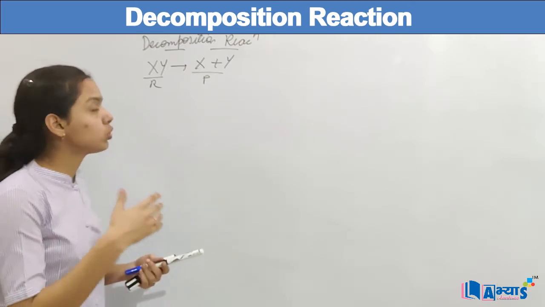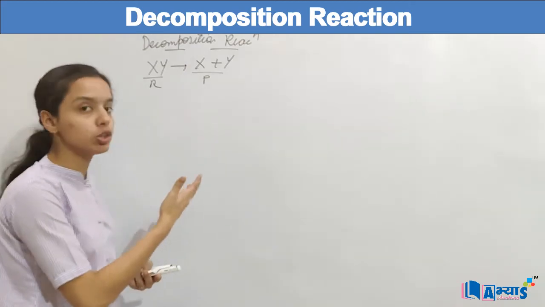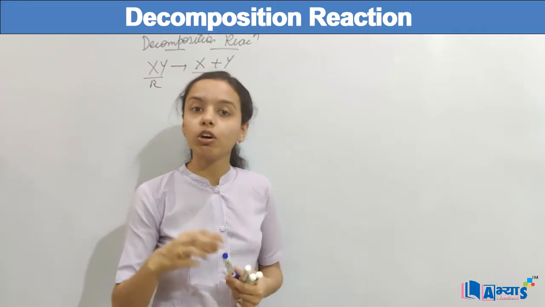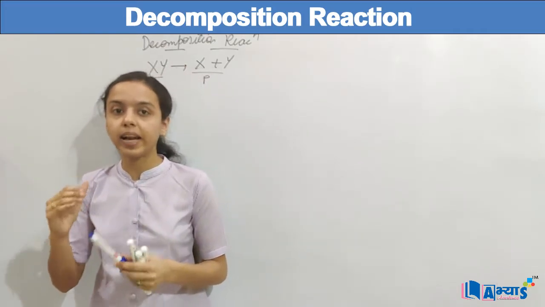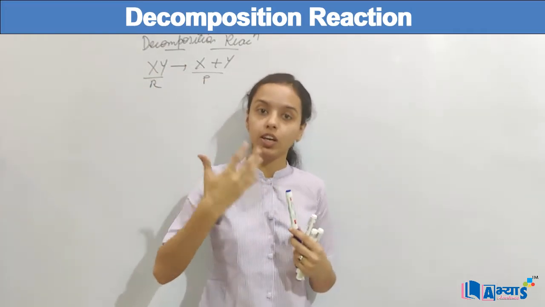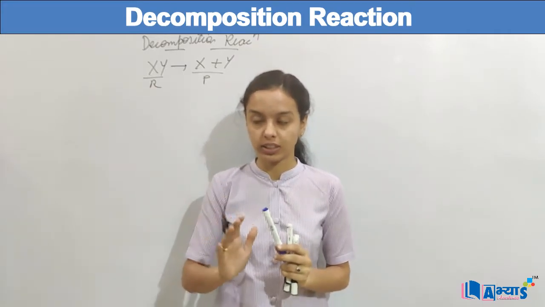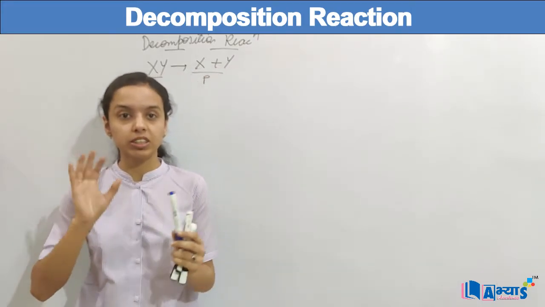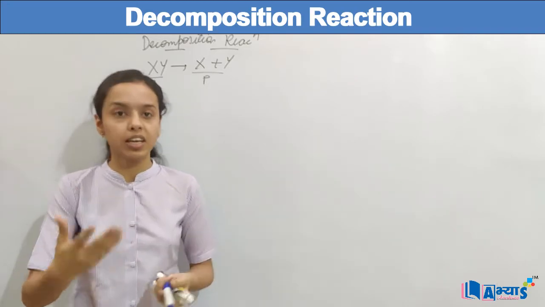Now when it comes to the decomposition reaction, it is basically of three major types. And these three types are based on the energy we supply to these reactions. That means the type of energy we supply to such reactions, the name has come.